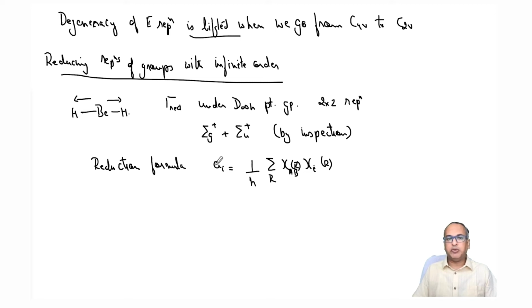That means you will not be able to calculate the coefficients for irreducible representations, as in the number of times a particular a_i will come, right? So this becomes difficult to use. In the case of the 2 cross 2 representation, it was rather easy that by inspection we could do it.